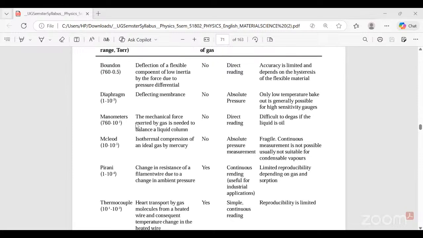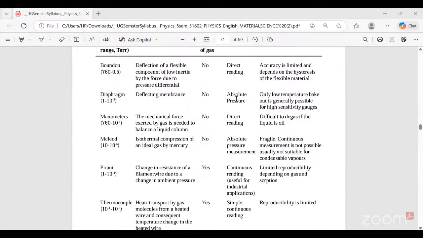Next, the diaphragm gauge. Under the diaphragm, the main working principle is deflection of a membrane, and the advantage is that we can measure absolute pressure. But the disadvantage is that only low temperature is generally possible for high sensitivity gauges.